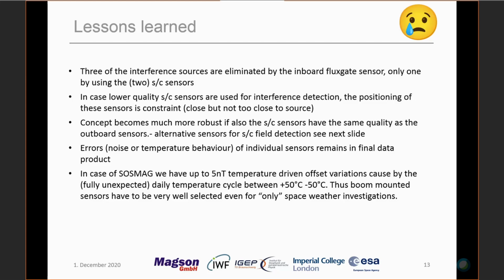In case of SOSMAG, we have up to 5 nanotesla temperature drift variations by a daily temperature cycle over more than 100 degrees. That was completely unexpected for us.